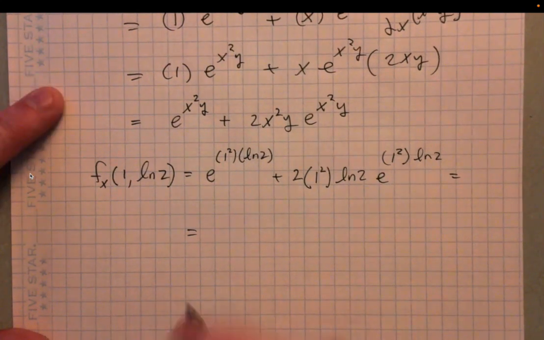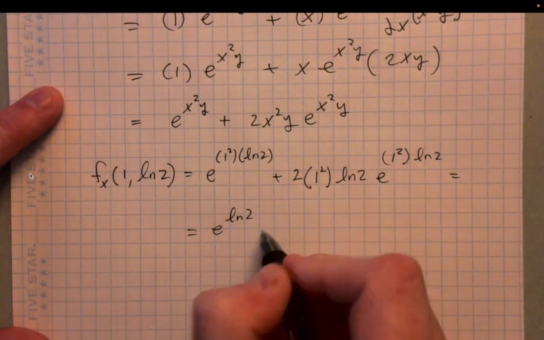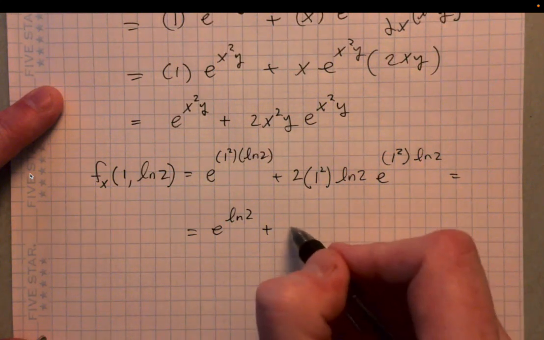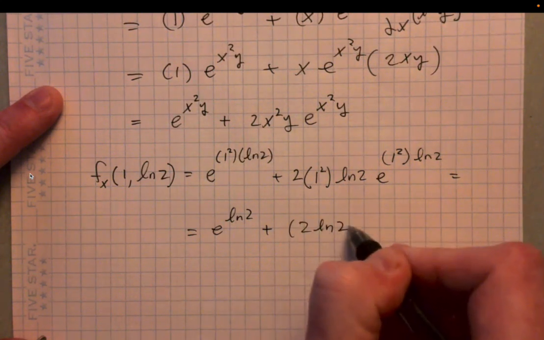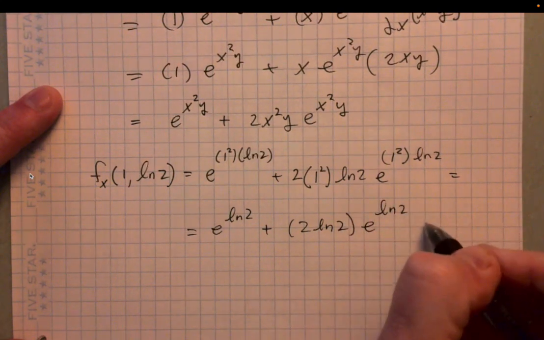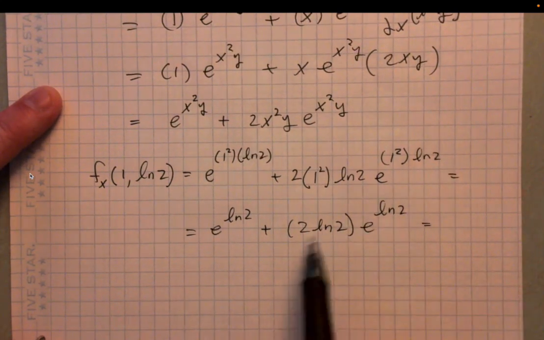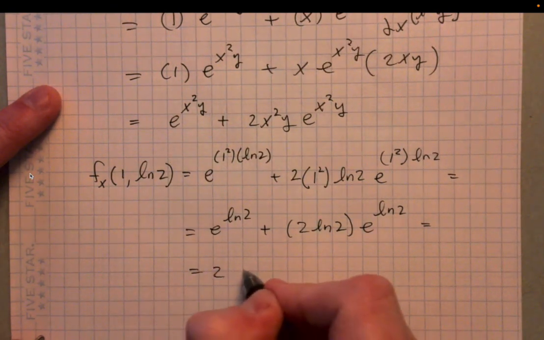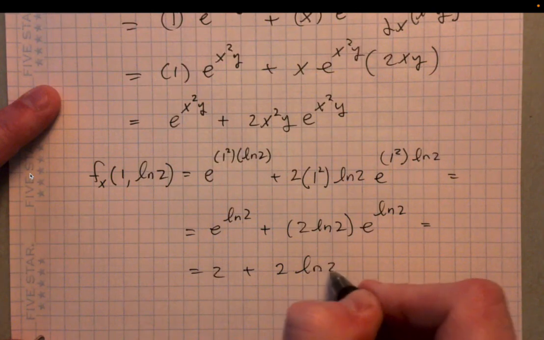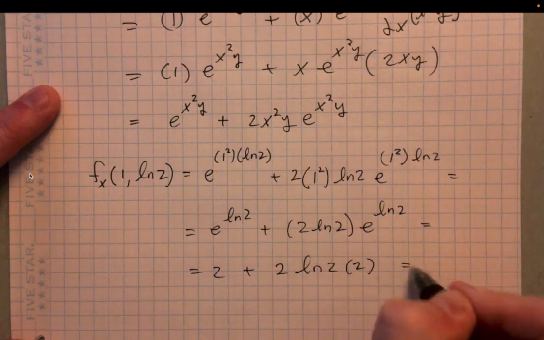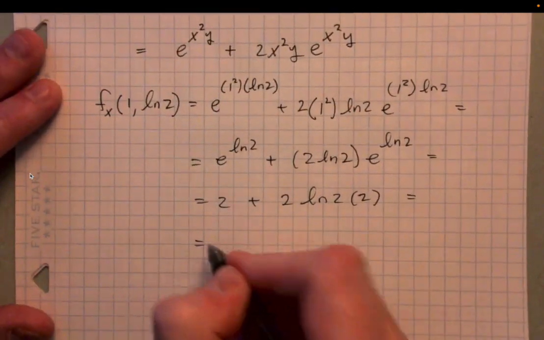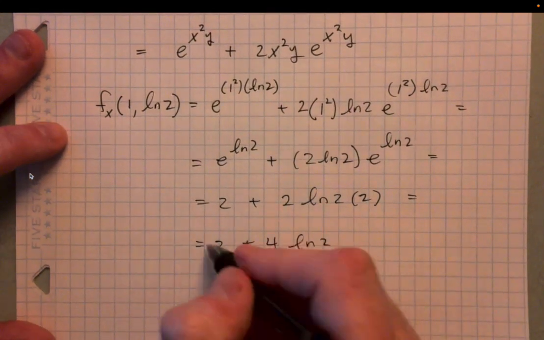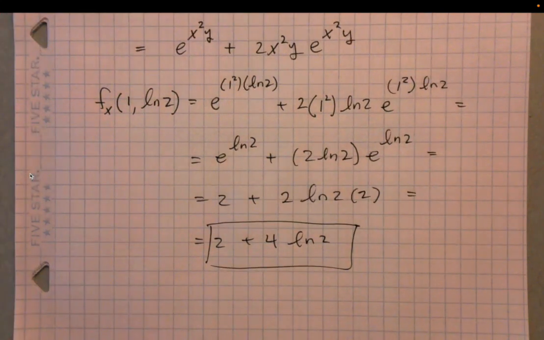Okay, and so this would be e^(ln2) plus 2 ln2 e^(ln2). And then, of course, all of these e^(ln2)s are just 2, so this is 2 plus 2 ln2 times 2. And so you get 2 plus 4 ln2. So that would be the final answer for that.